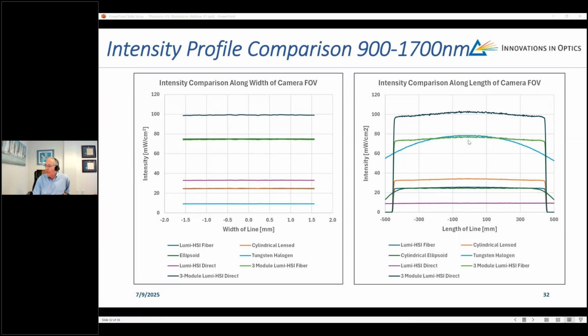So you can see here, for example, this the cylindrical ellipsoid is relatively high in the center, but dropping off. So the green 3-module fiber HSI, Lumi HSI, is similar on axis, but much better. So achieves better signal noise ratio at the edge of the field.